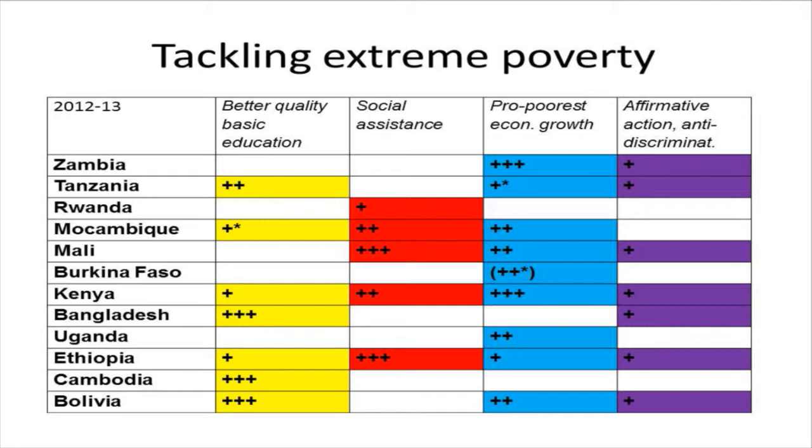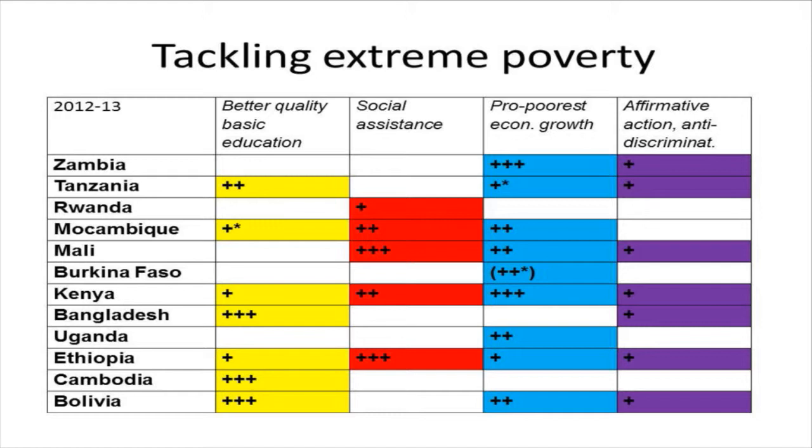Pro-poor growth, interventions in most countries, you can see market development geared towards poor groups and job creation, agriculture. There's a different story on agriculture in Swedish aid that has been debated for years.